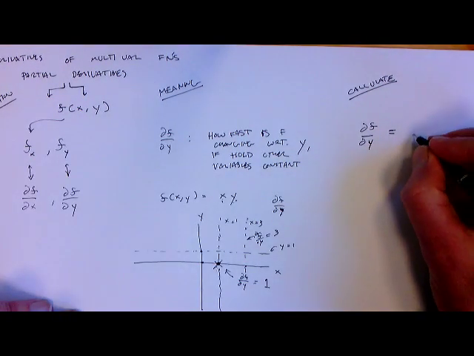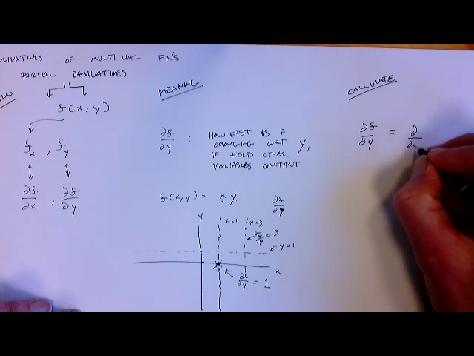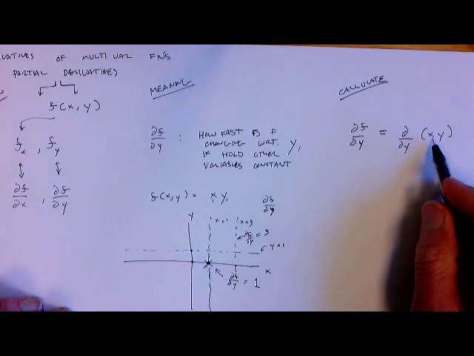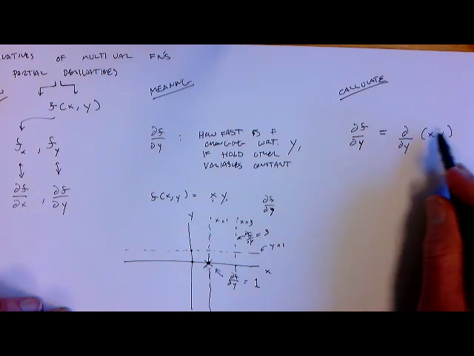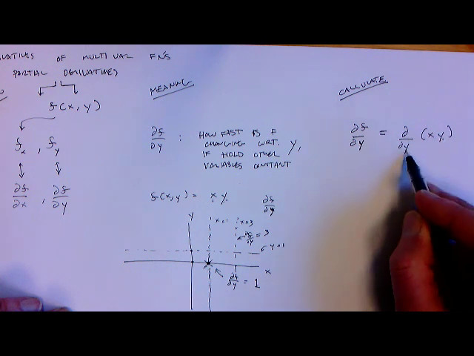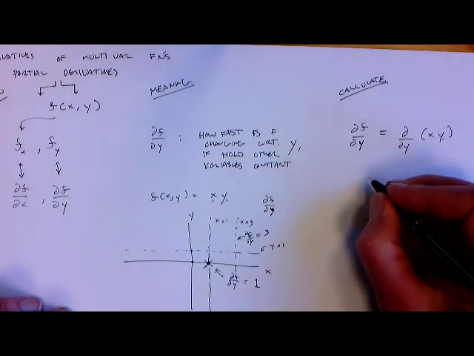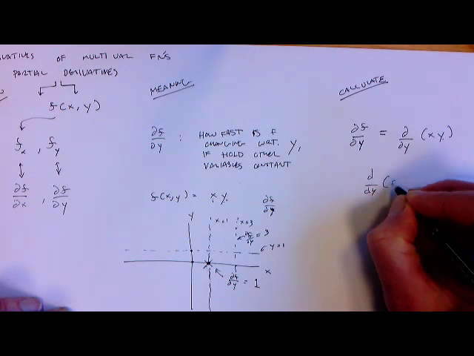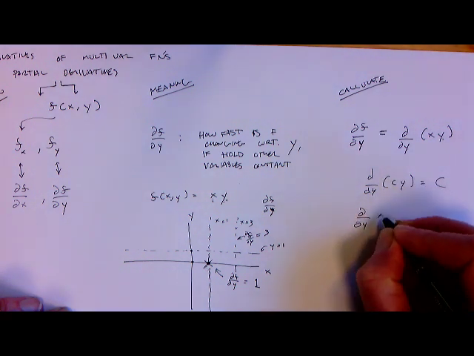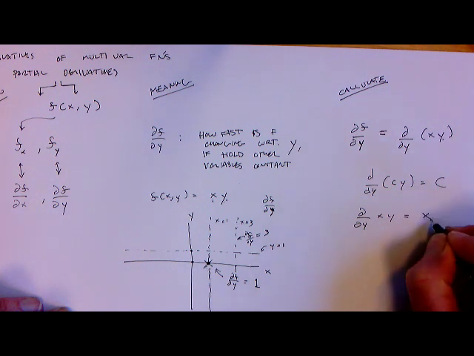So if I take the partial with respect to y of x times y, what I'm actually doing is imagining that x is a constant and taking the derivative of this constant x times y with respect to y. In other words, if I were doing d by dy of c times y, what would I get? I'd get c, and so the partial with respect to y of x times y is simply x.